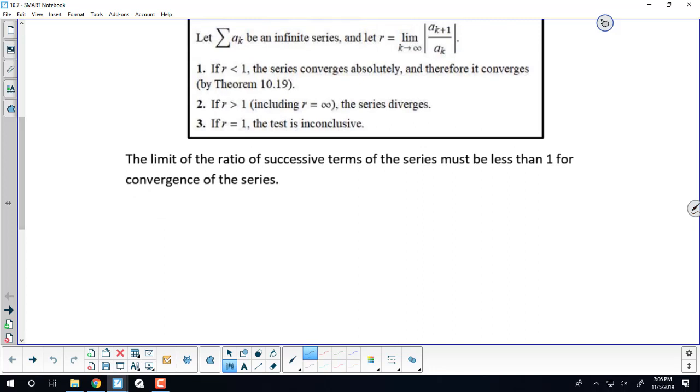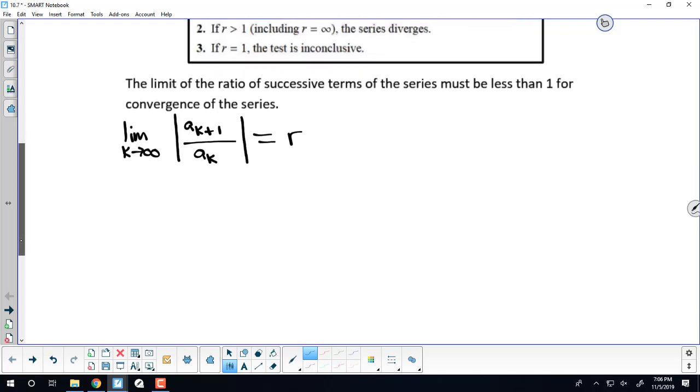If this is our assumption, this is sort of like the outline of the proof. If this limit is equal to r, whatever that is, then out towards infinity the k plus 1 term behaves like r times the previous term.